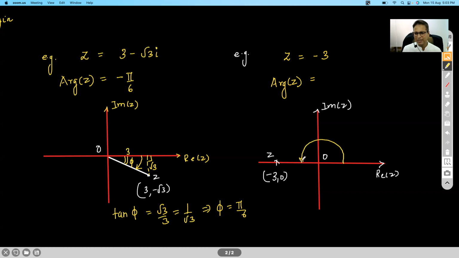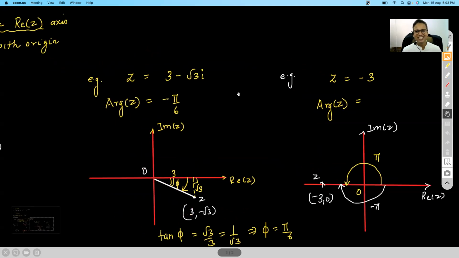And then you'll say pi for this, isn't it? From here to here, this will be pi. But some of you can also think, why not from here to here in this direction? But in that case, your answer will be minus pi, right? Which one should I accept then? Because both are shortest, right?